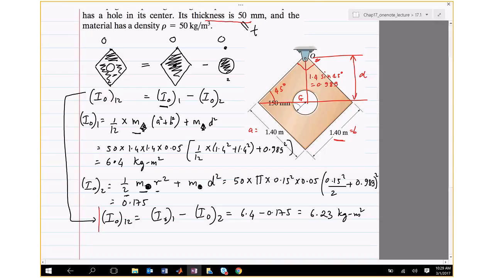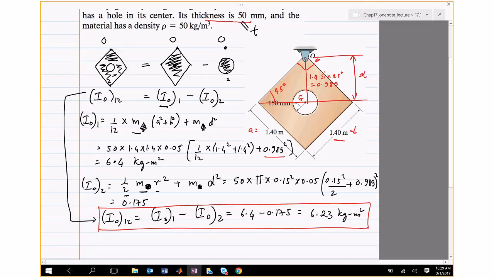In the parentheses, there is 0.989. Yeah, this is 0.989 too. Yeah, that's where it's coming from. Thank you.